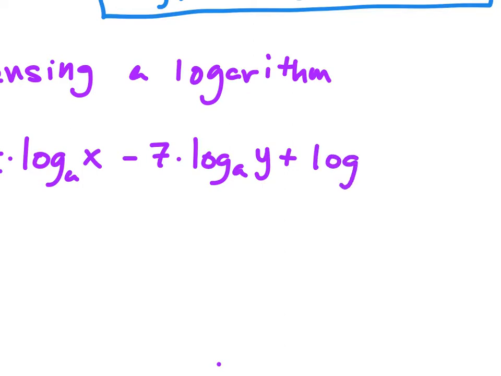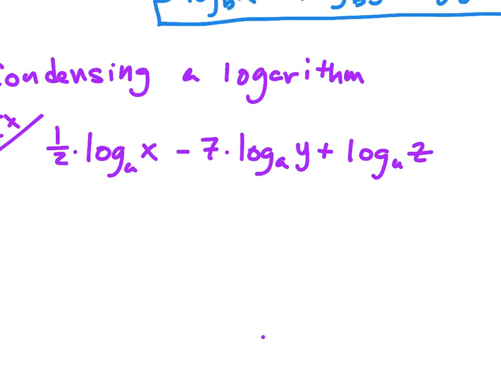And what I'm going to do here is write this as a single logarithm. The first thing I notice is that I have these multipliers out front. So I'm going to take these values and put them as exponents over those values.